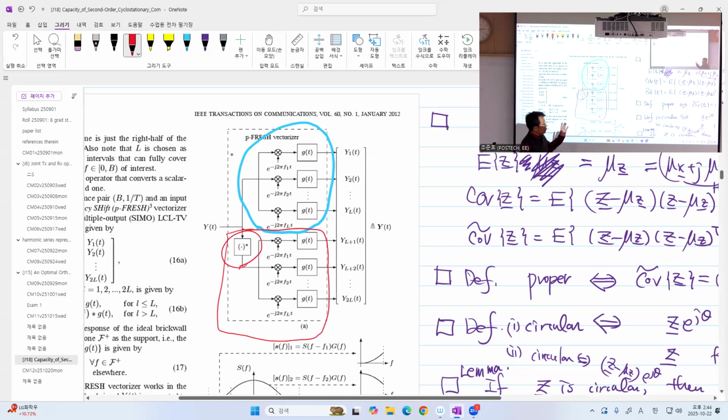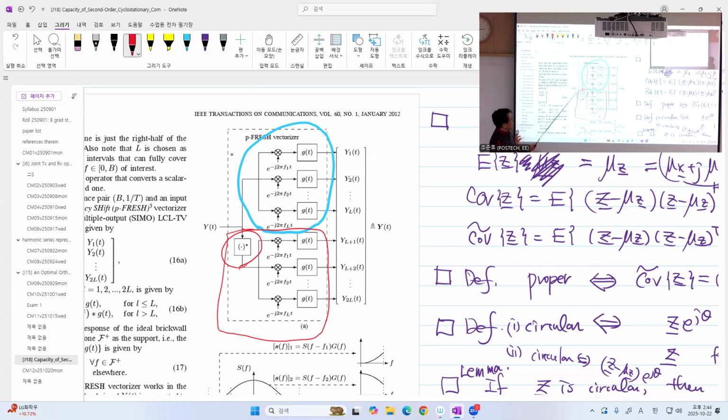So this P-fresh vectorizer, first, processes the input random process Y using the upper branch. Second, it takes the complex conjugate of it and then does the same thing.